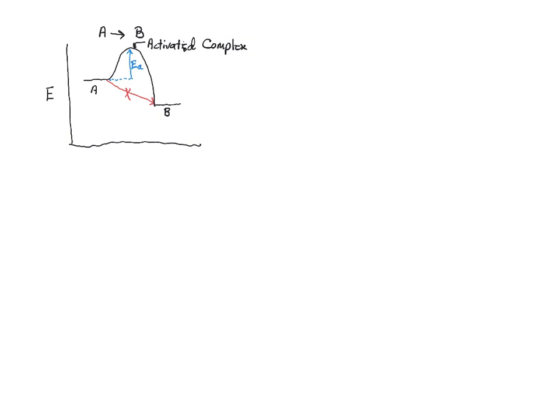Okay, so that activated complex is the energy, or is the structure that needs to be achieved in order for our reactants to ultimately be converted to products. And the higher that activation energy is, the slower the reaction is going to be. So as the activation energy increases, we see a slower reaction rate.